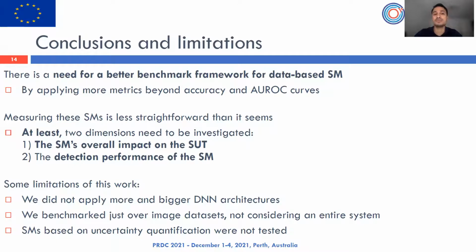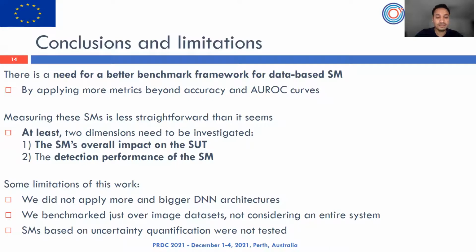But when you detect out of distribution data, what do you do? If you say that you don't feed this image to the machine learning model, it probably means that you cancel the answer of the machine learning model. If you do that, there's a huge impact on the system under test. So we have to consider at least 2 dimensions when you benchmark these safety monitors.